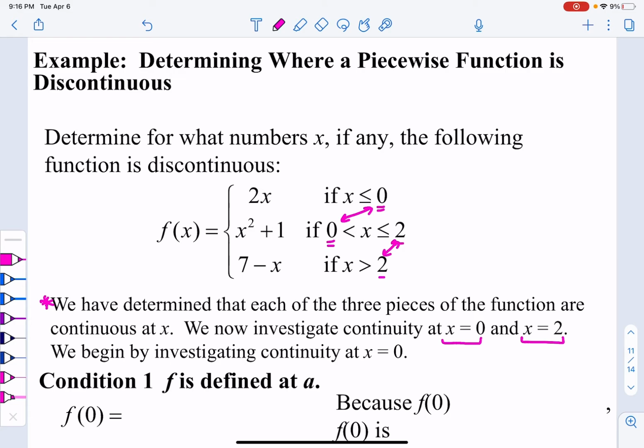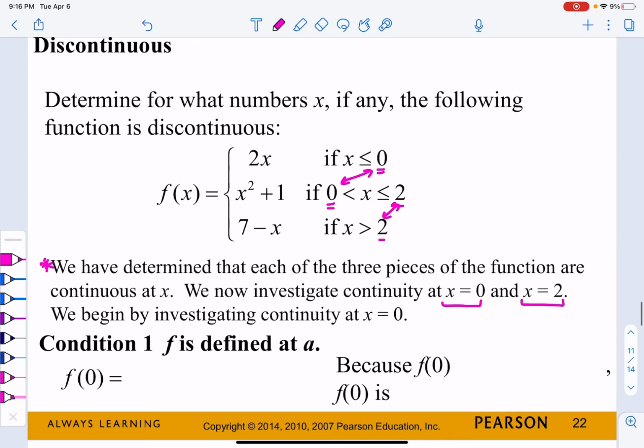And so it says we begin by investigating continuity at 0, the first one. So the value of the function at 0, where is 0 included? I'm going to erase all these little arrows up here. Where is 0 included in our graph? Well, x equals 0 is in the first piece, so we're going to see what happens when we evaluate 2 times 0.